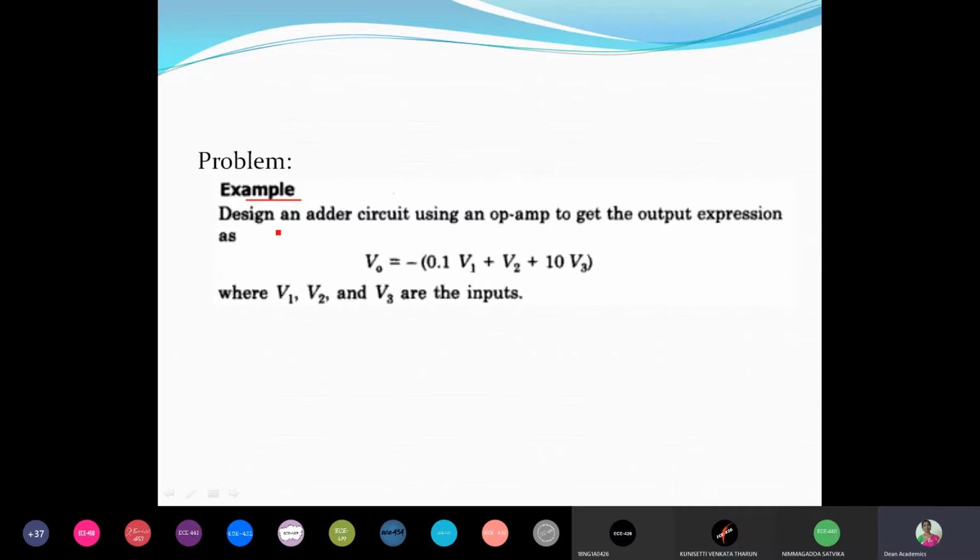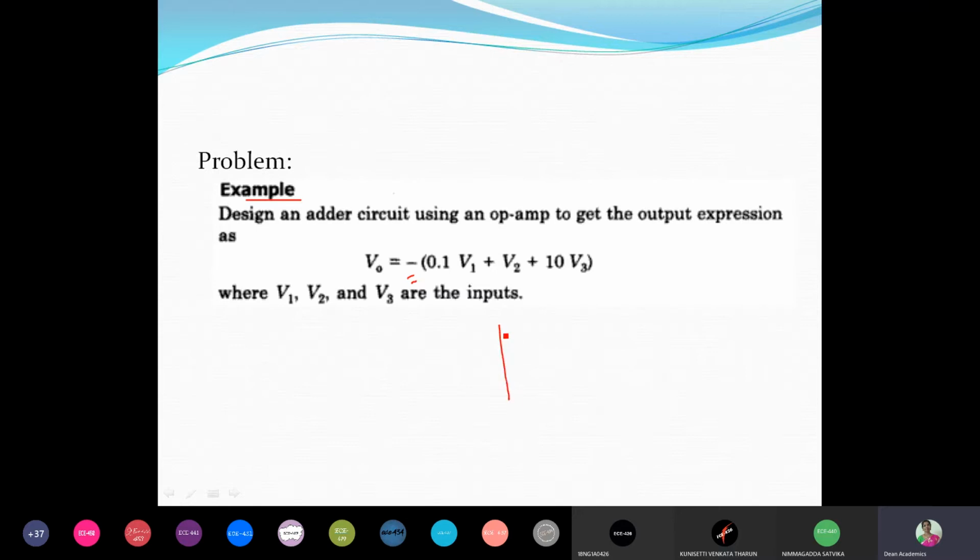It is just mentioned to design an adder circuit using an op amp to get the output expression as V0 equal to minus of some of these terms. Because we see this minus sign, we understand that it is an inverting amplifier.